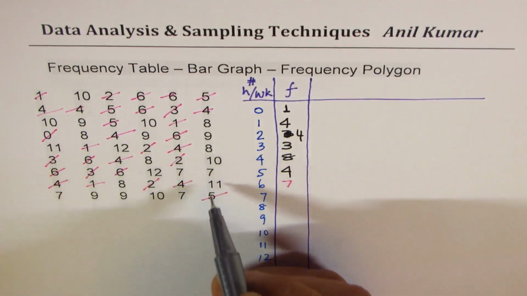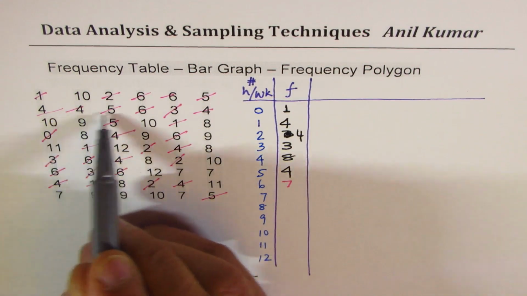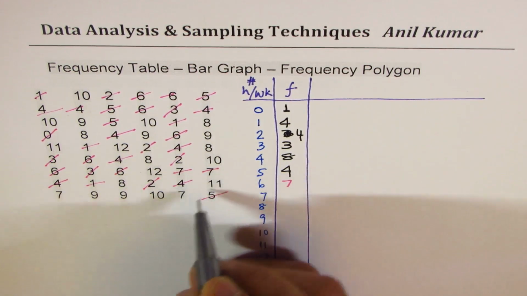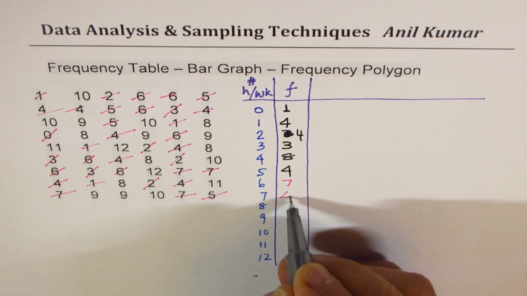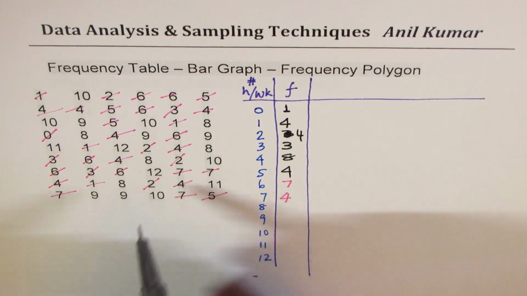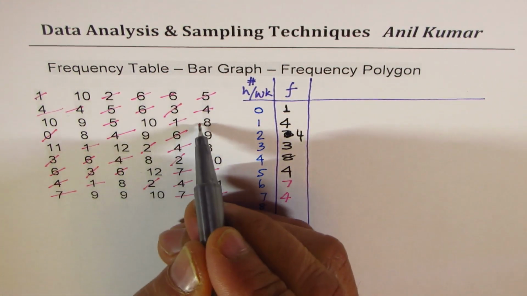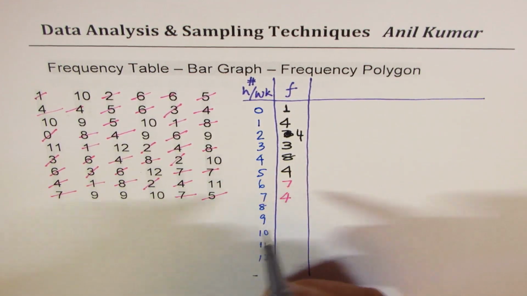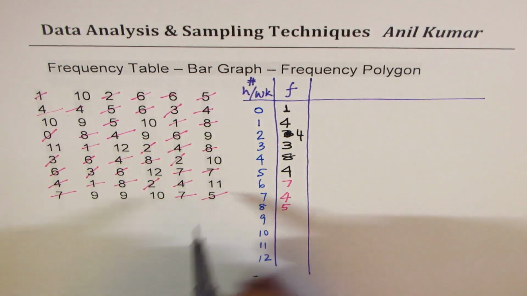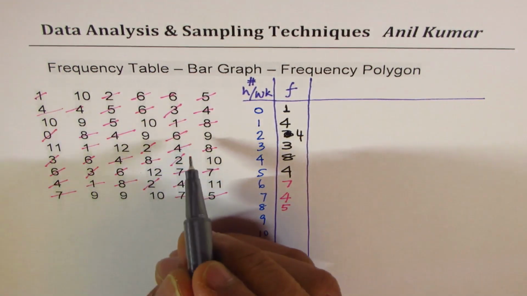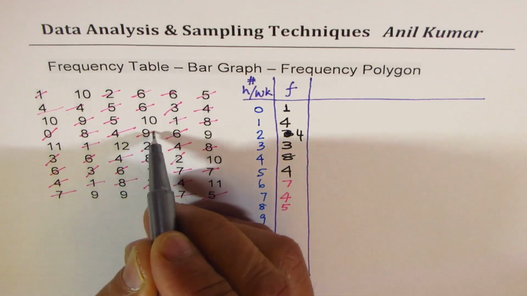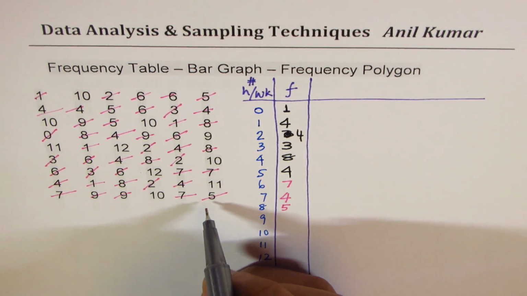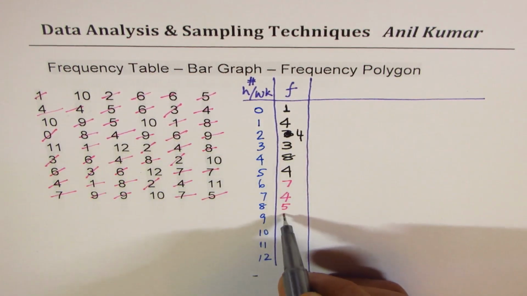Number of 7s. So this may take time. 1, 2, 3, and 1, 4. Let me write 4 here. Number of 8s are 1, 2, 3, 4, 5. So 5 8s. Number of 9s, 1, 2, 3, 4, and 1 here, 5.